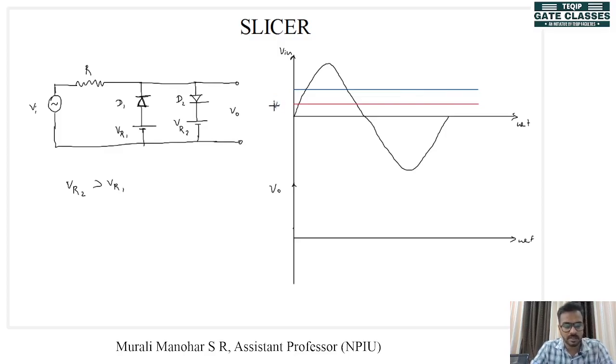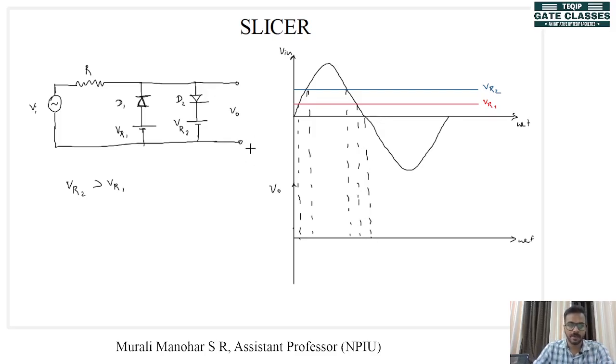This is VR1 and this is VR2. Now we can analyze the circuit and see what the output voltage looks like, right? Okay. Now this is the zero voltage.